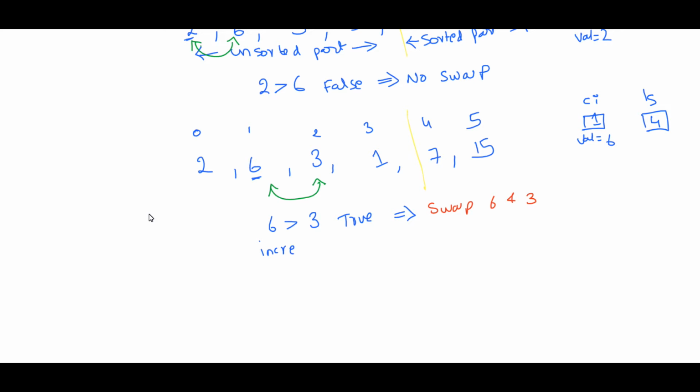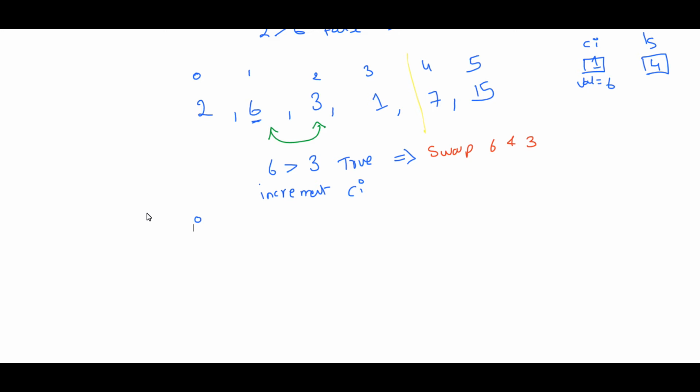Just in case you forget, we are going to also increment CI. 0, 1, 2, 3, 4, 5.